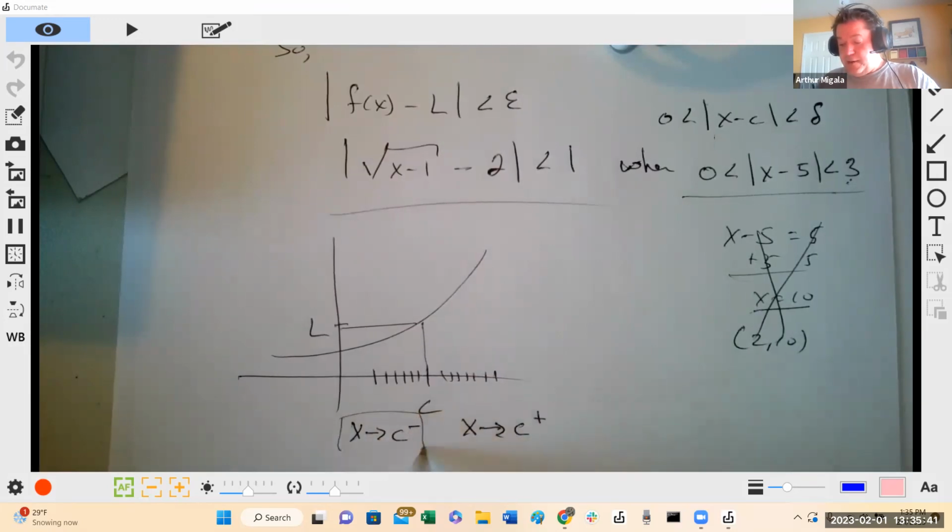So now we're going to look at one-sided limits, because both sides have to exist for that to be a true value. But that's coming up next week.